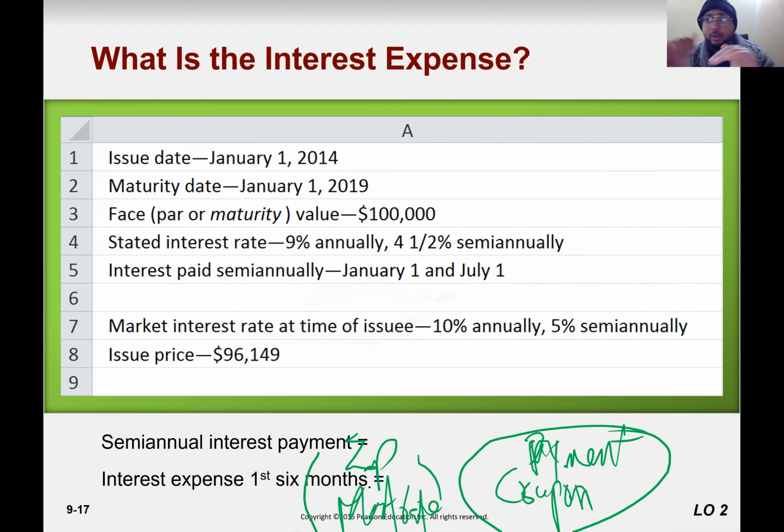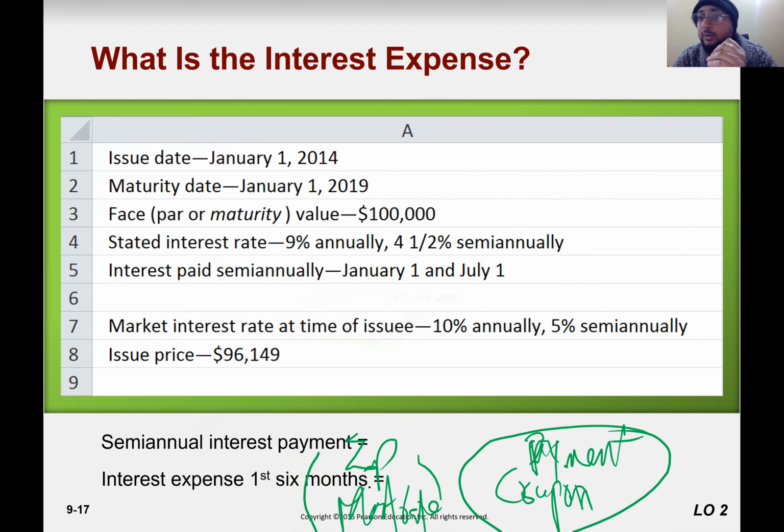Remember we talked about there are going to be two interest rates in a bond. One is the coupon interest rate, one is the market interest rate. So interest payment is based on coupon rate and interest expense is based on market interest rate.